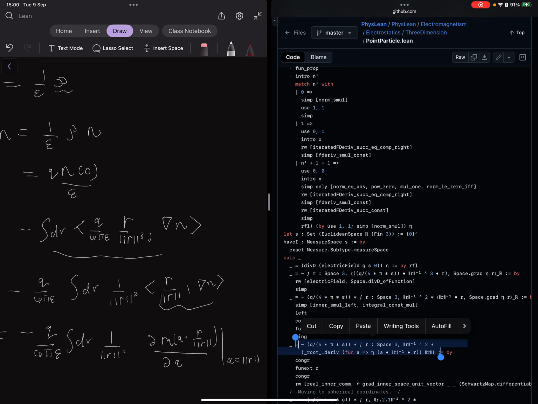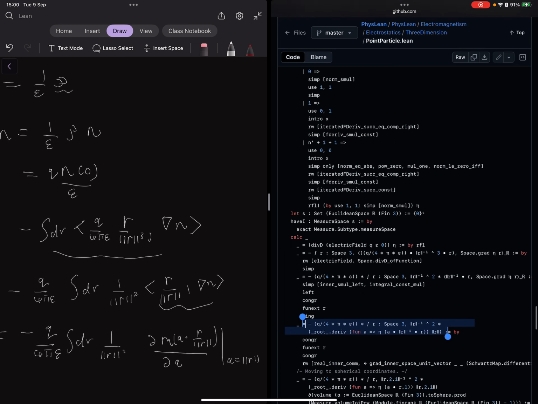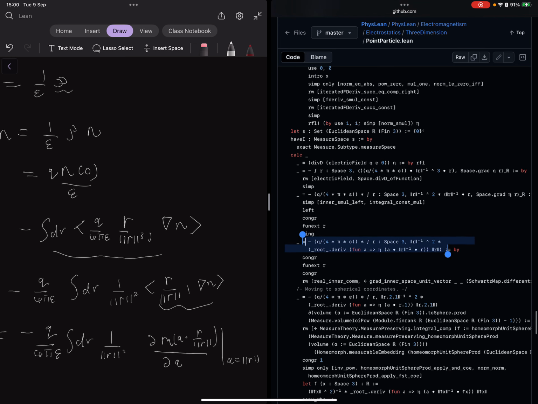And this is something you can just show. It's basically a property of the gradient.